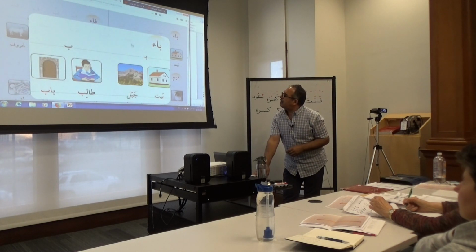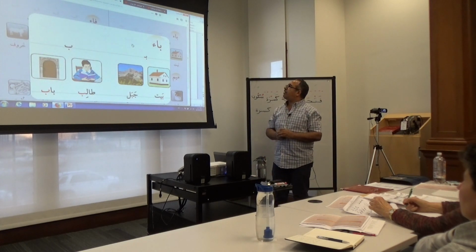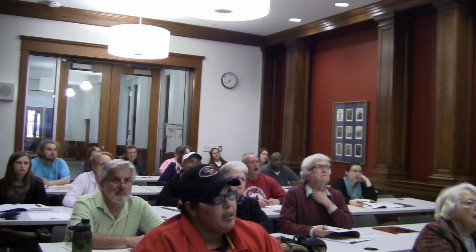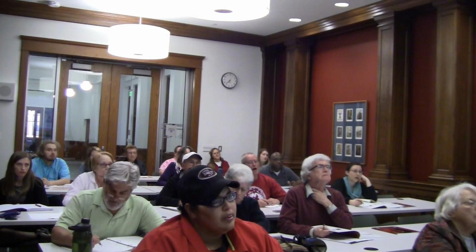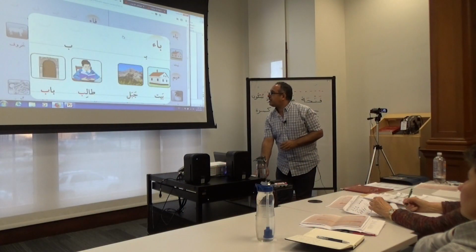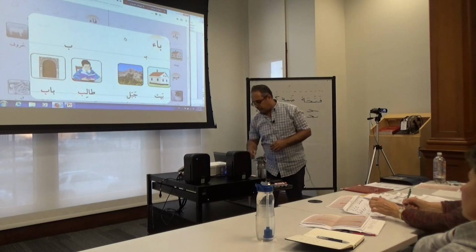Can anybody pronounce this letter right here? Ba, not ba. See, this is ba with alif. But if this letter is by itself with fatha, you see the little fatha on top? Okay, let me turn the sound up a little bit.